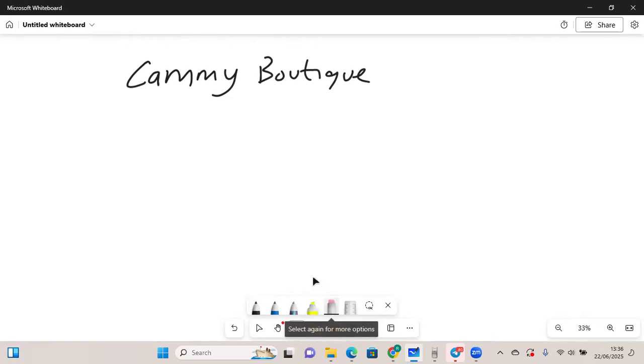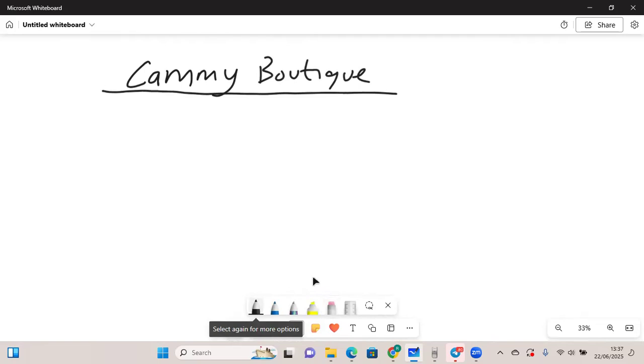So now the name will come: Kami's Boutique. Now because of the sales mix, I want to do it like this: dress, blouse, and then this is the total.